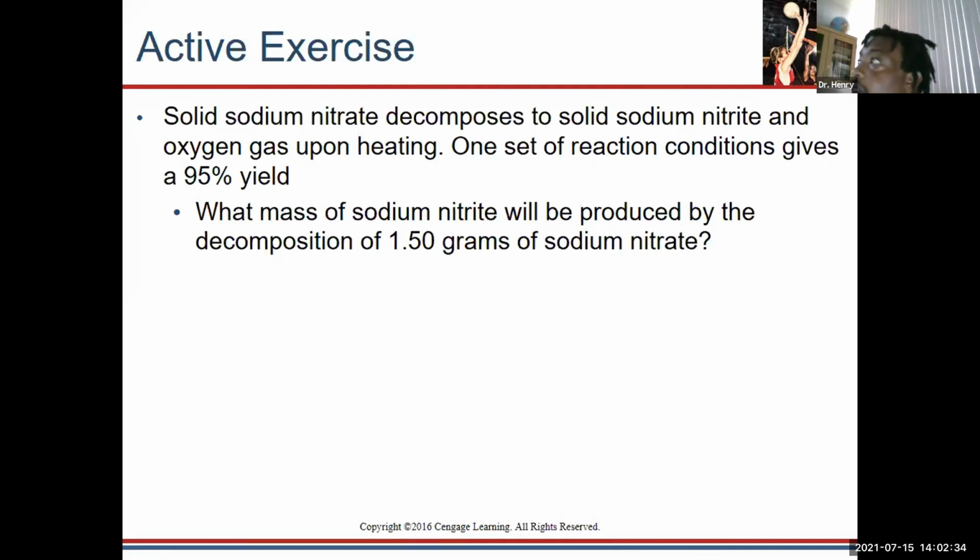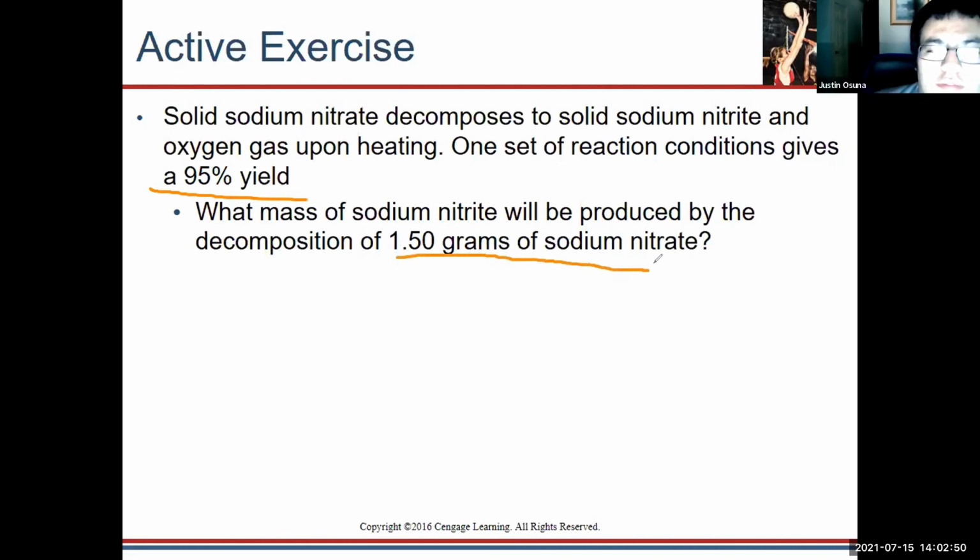So we're going to find our givens, right? So who are our givens? 95% yield. Okay, and 1.50 grams of sodium nitrate.